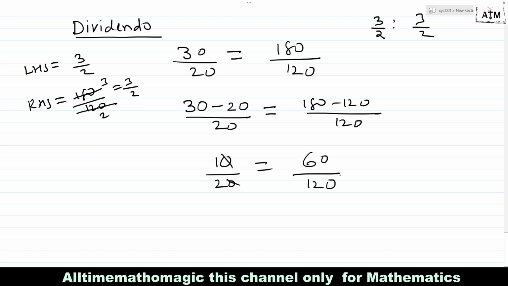Here 0 0 cut down, here 0 0 cut down. LHS equals 1 by 2, and RHS, that is 6 upon 12, equals 1 by 2. RHS is also the same. This type of proportion is nothing but called dividendo.